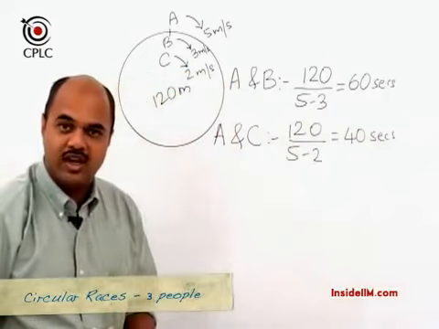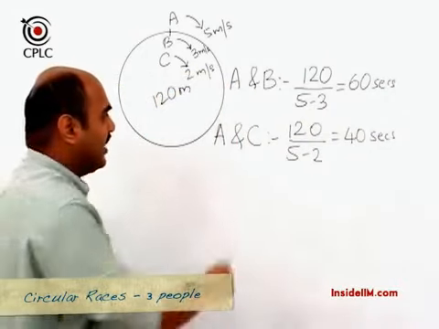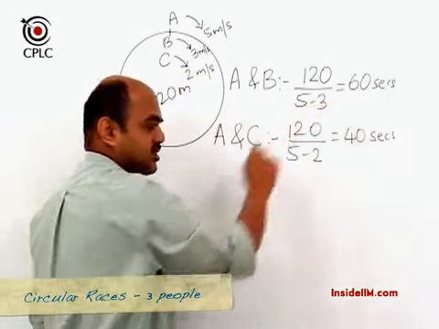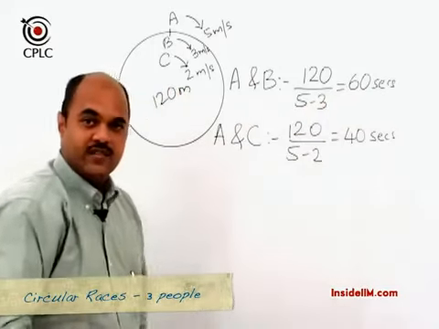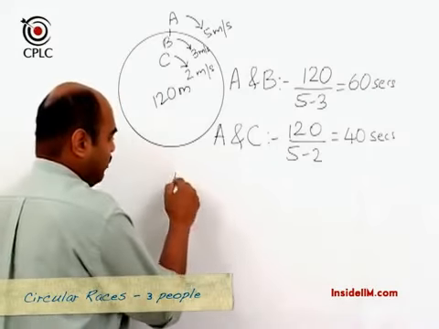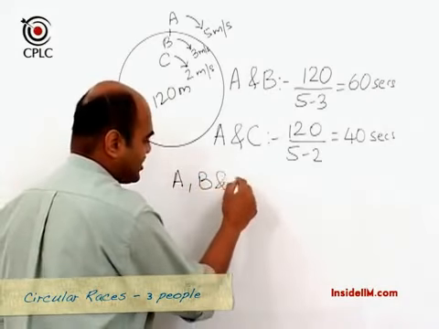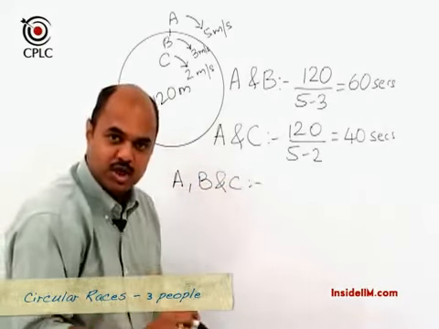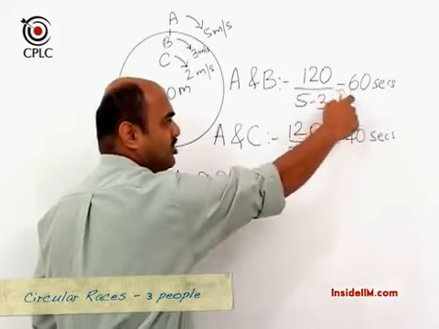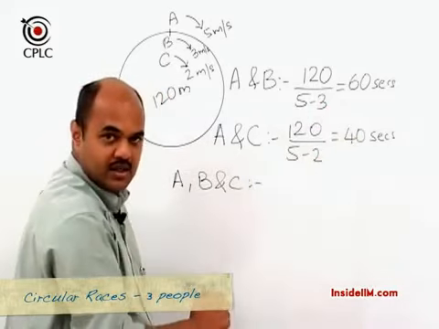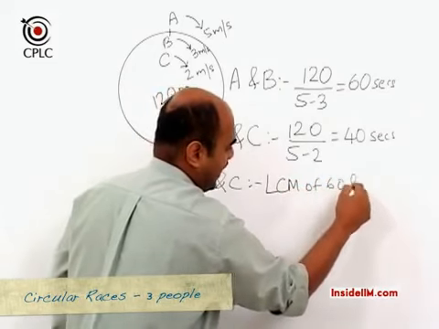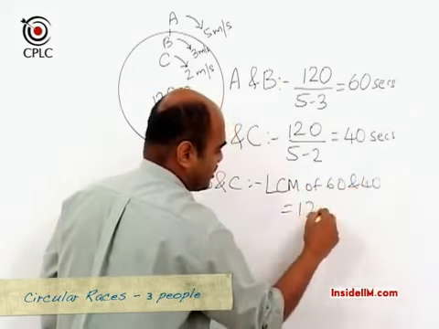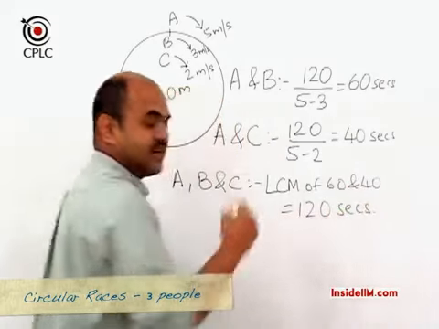Now based on these two calculations, we would know that A and B meet every 60 seconds, A and C meet every 40 seconds. Now if we want to find a time when A, B and C meet, then such a time has to be a multiple of these two, and hence it would be the LCM of 60 and 40, and the answer hence would be 120 seconds.